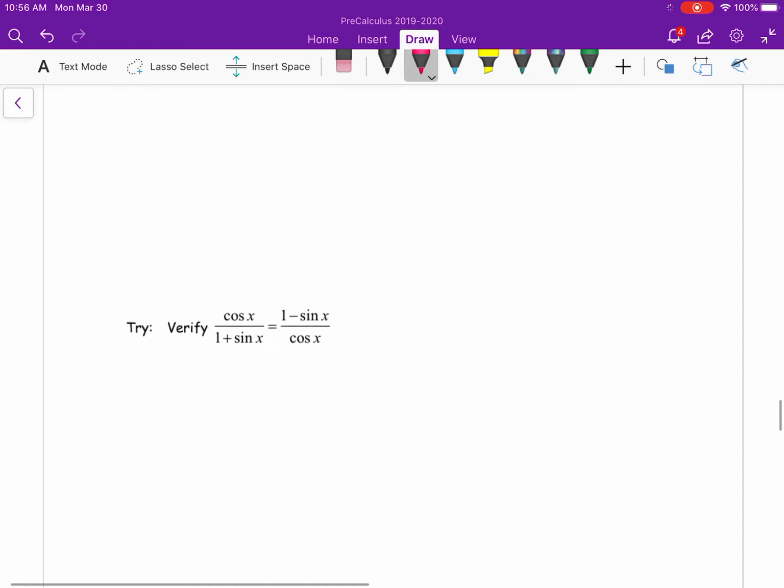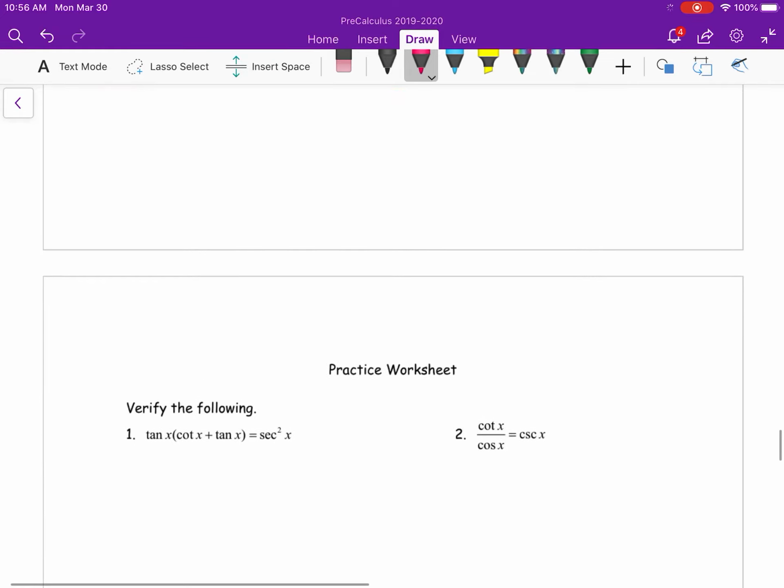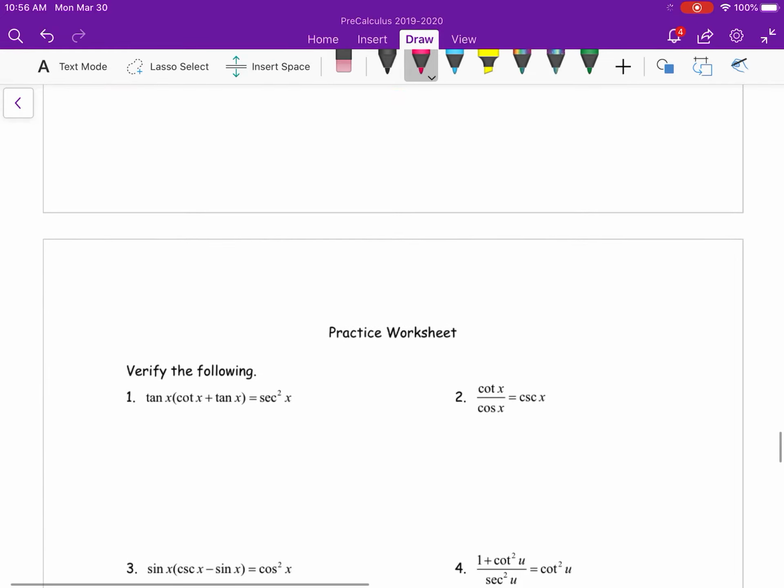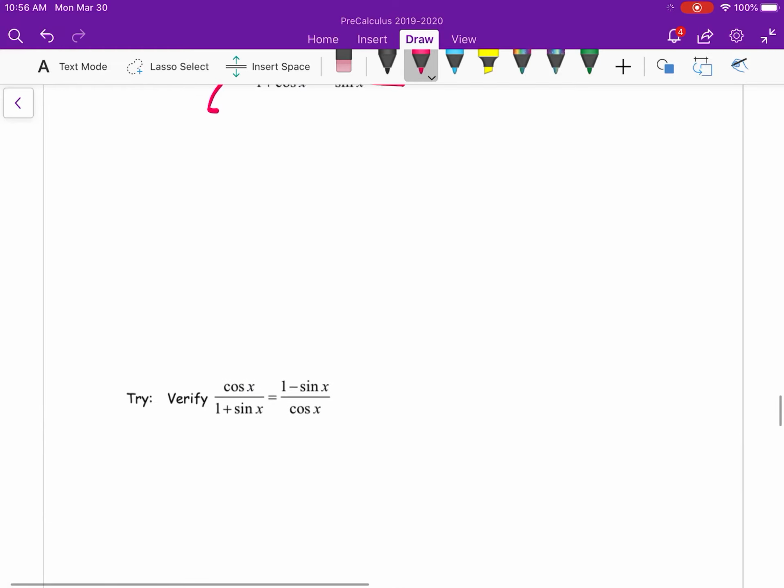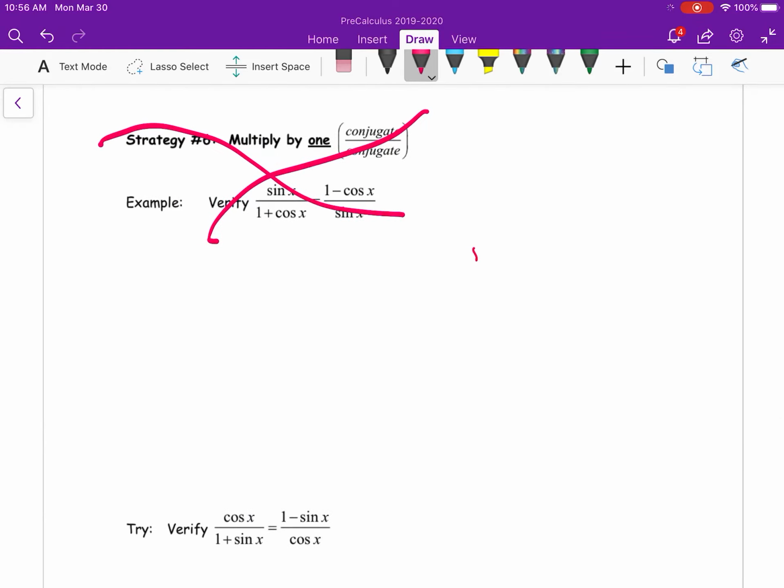We'll worry about that at another point. But overall, we're going to do some practice. I'm going to post the homework and just have you do some more practice with these. But follow these steps. Convert to sine and cosine. I should say follow these options. These are all options.